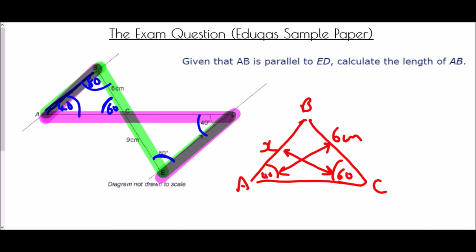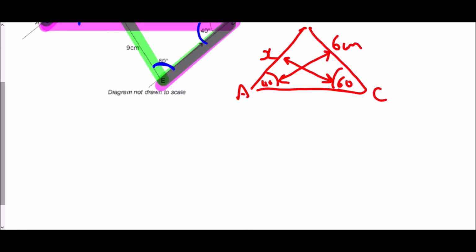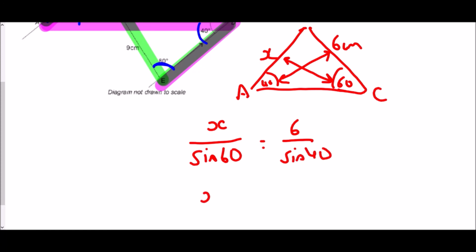And so we can use the exact same formula we've been using all throughout this video. We can say that x over sine 60 is the same as 6 over sine 40. Therefore x is 6 sine 60 over sine 40.